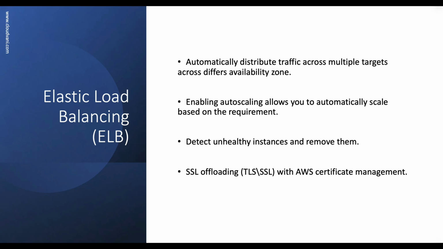So it also has the auto scaling feature. It can also detect unhealthy instances and then remove them. And also SSL offloading, especially when you're using HTTPS, with AWS Certificate Manager. You can also use your own certificate management if required.